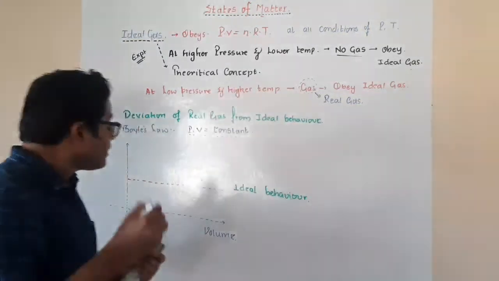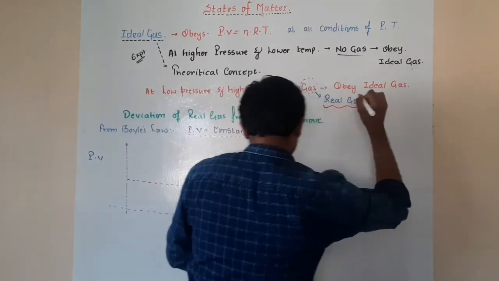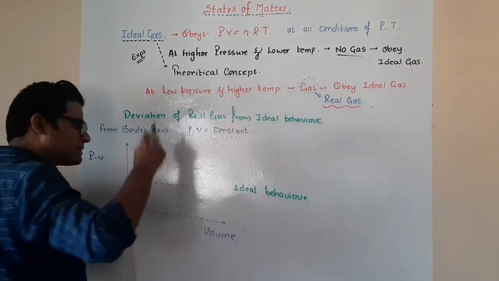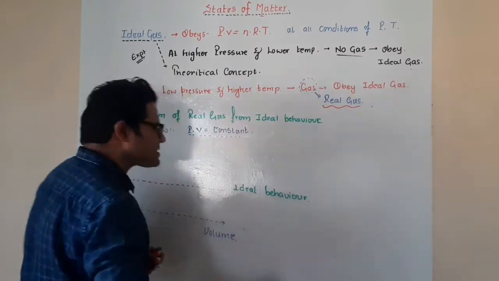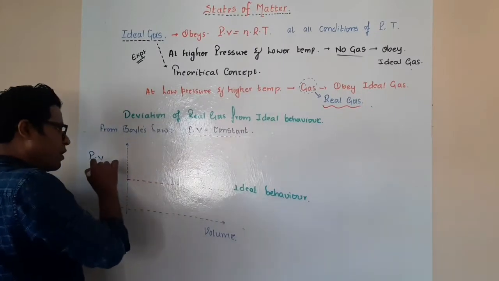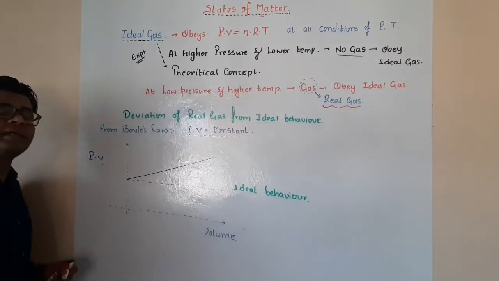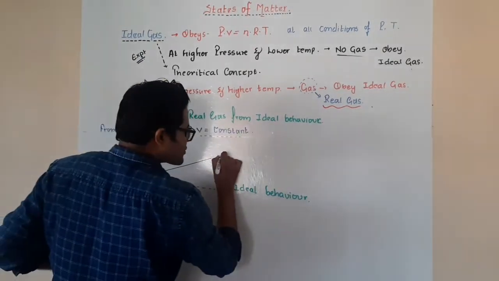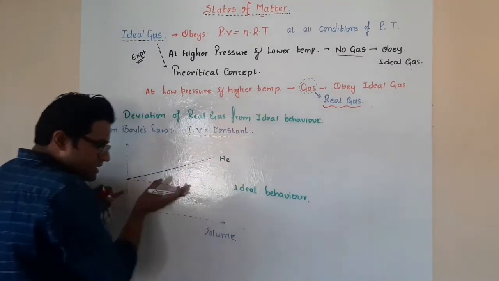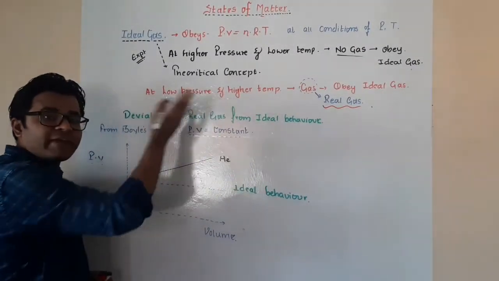But when we plot a graph for real gases, the gases with lower mass, such as helium, show a continuous increase in PV versus volume, going above the ideal behavior. We call this a positive deviation.